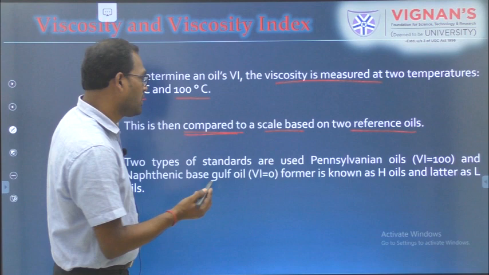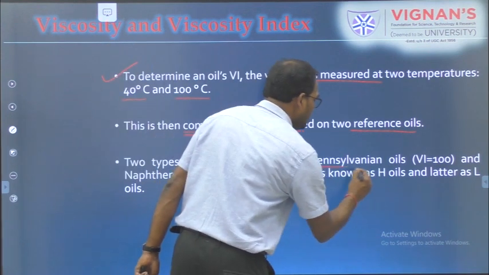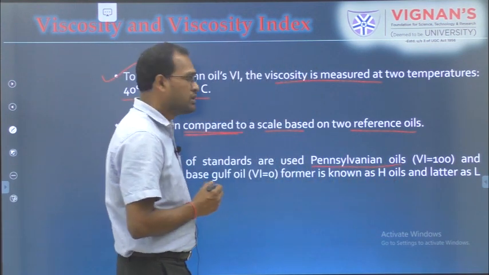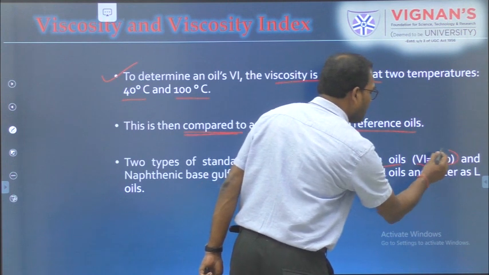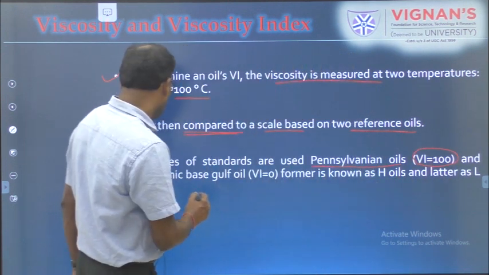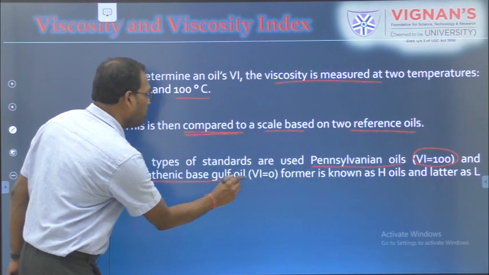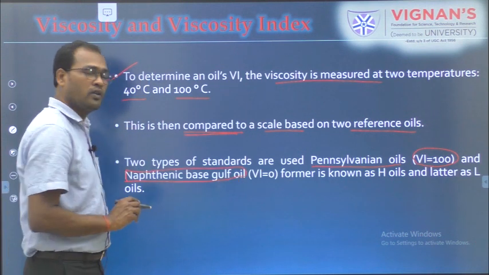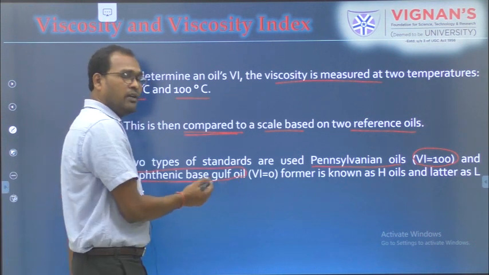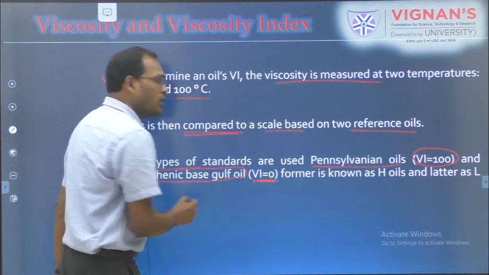And usually these two reference oils are the Pennsylvania oil, which has a viscosity index of 100, and the other one is the naphthenic base Gulf oil, whose viscosity index is 0.